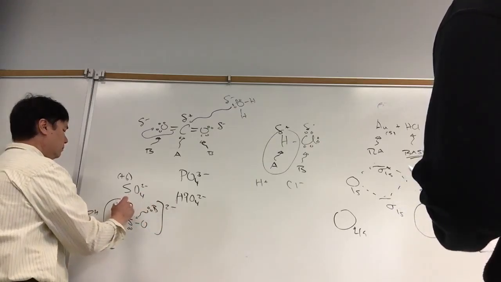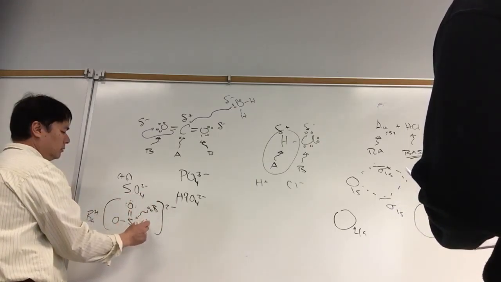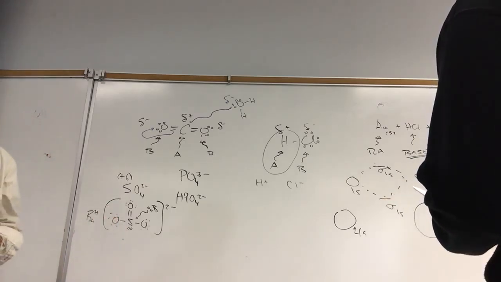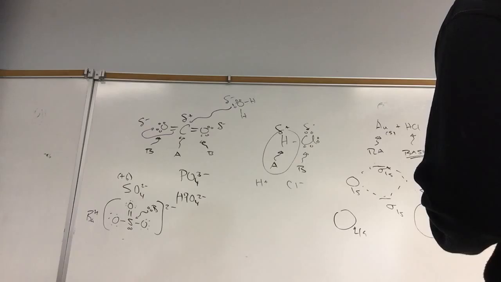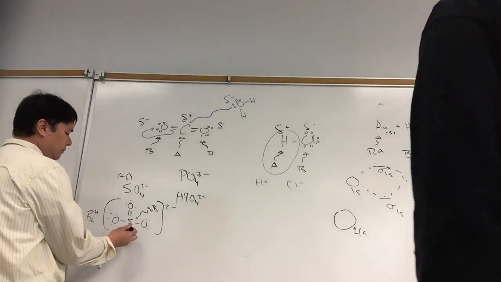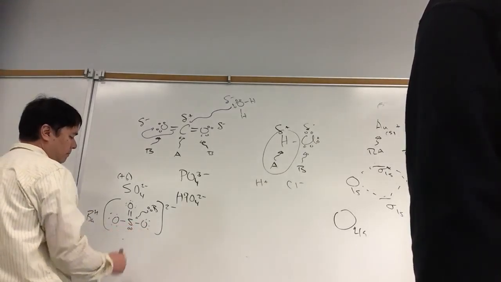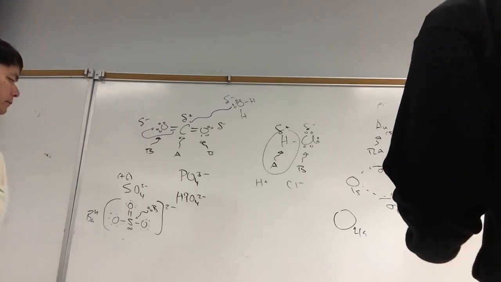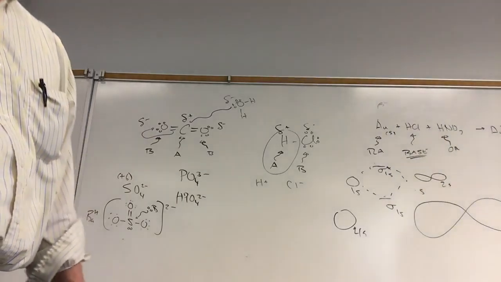Barium's not bonded to it. Okay, there it is, that makes sense. This is the ionic compound. Yeah, that one's the base. That's good. That one's the donor. Okay, thank you.